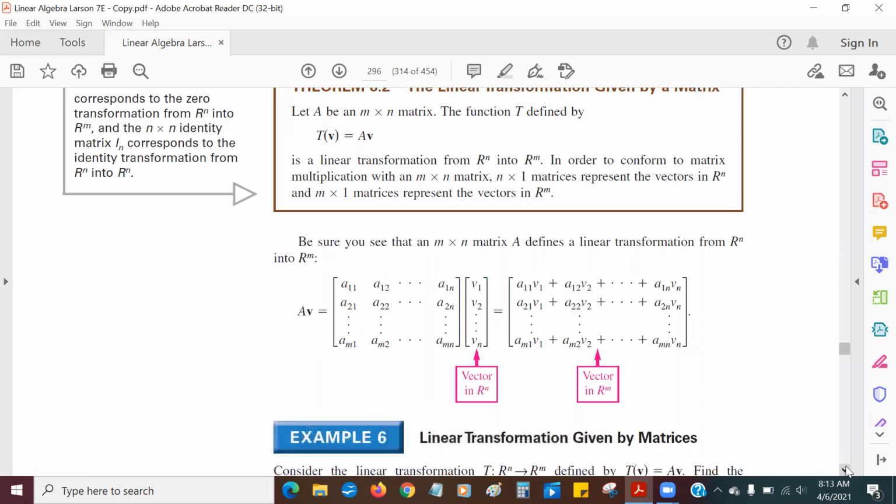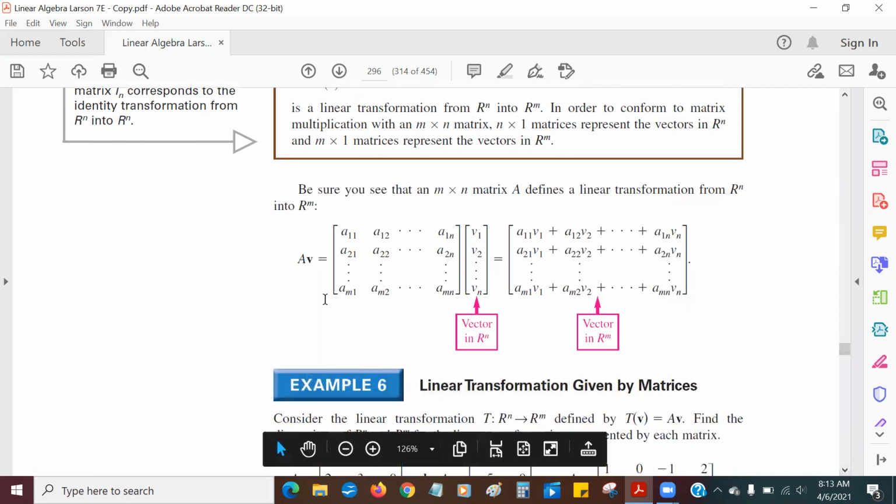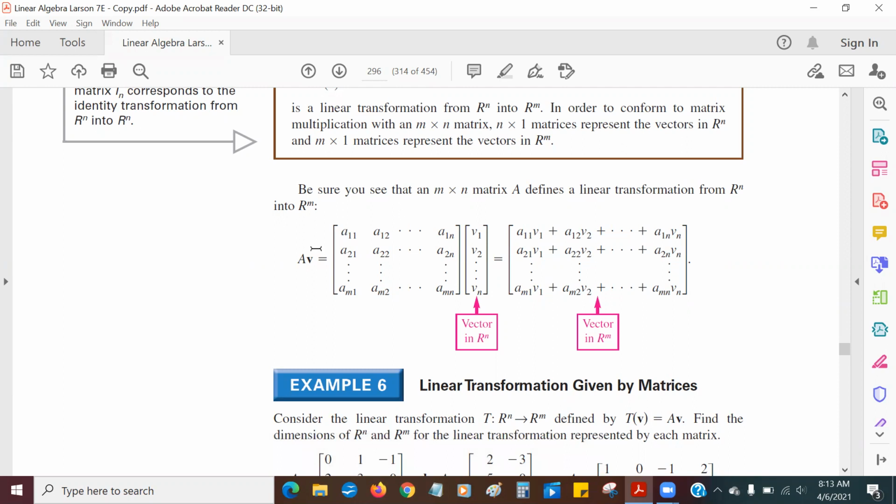Here's my vector V, which is V1 down to Vn. I'm multiplying it by the matrix A, and A is an m by n matrix. So there are m rows and n columns, and I get this result here. Now this is a single vector.